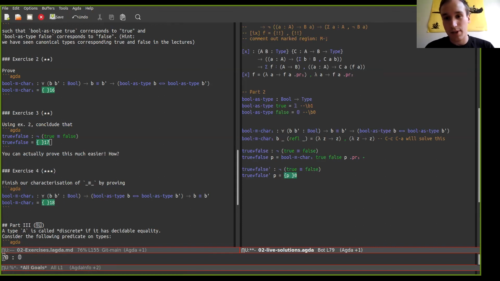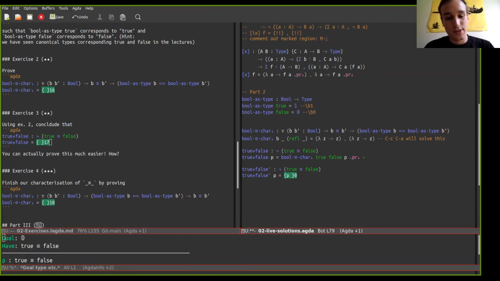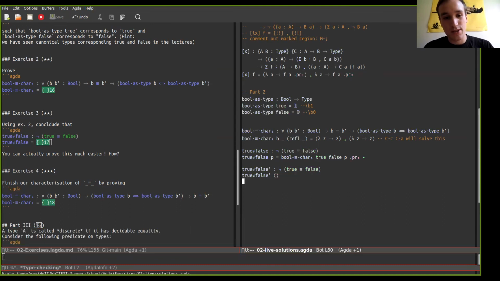We can try to pattern match on P. We have a proof of true equals false. If we try to pattern match, then Agda realizes that this would have to be REFL, but then true and false have to be the same objects internally. And this is not possible. So we end up with the empty pattern.